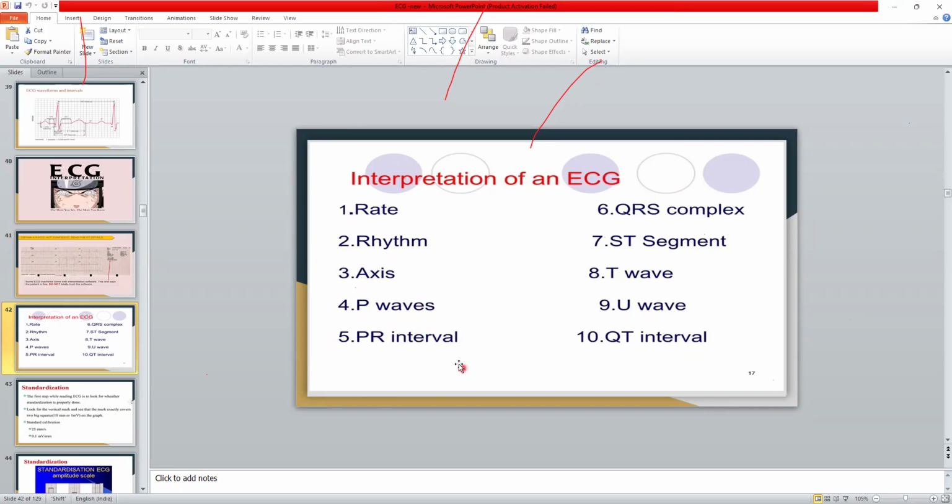Look for the PR interval and check its duration. See the shape and duration of the QRS complex, duration of the ST segment, and look for the T wave changes in the shape, duration, amplitude and speed. And you also have to look for the U wave and the duration of the QT interval.